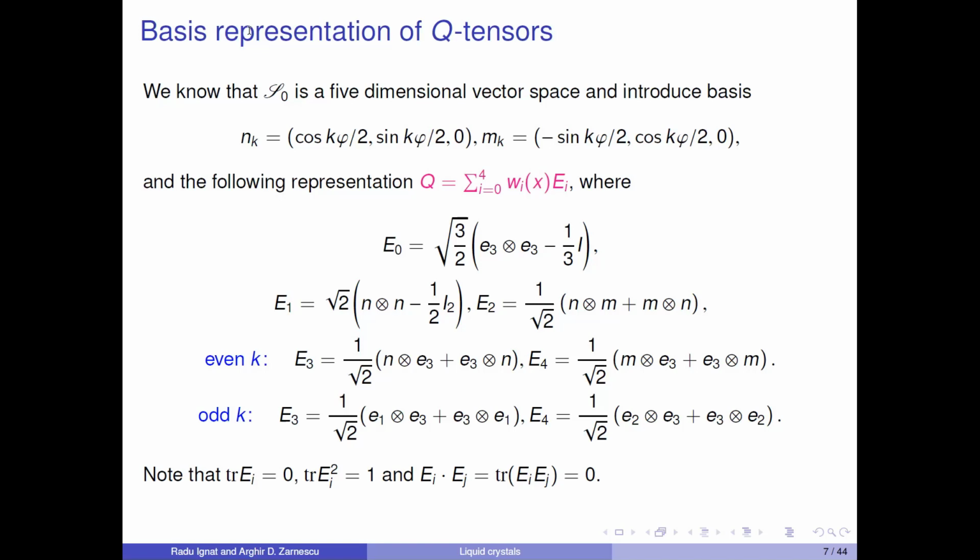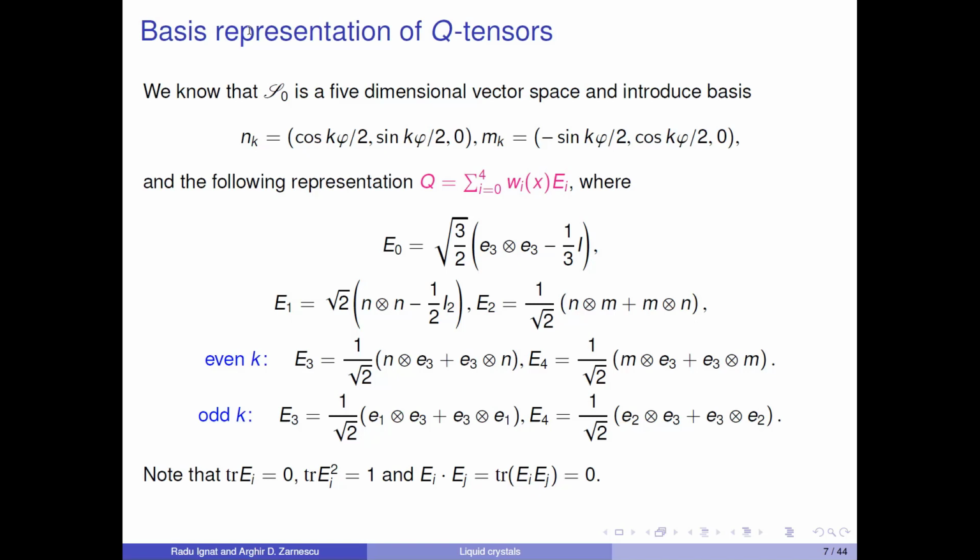So we also construct an m_k perpendicular to this one, but this also depends on the polar coordinate. And then you have the e1, e2, e3, which are honest constant vectors. e1 is (1,0,0), e2 is (0,1,0), and e3 is (0,0,1). And then you construct bases like this.